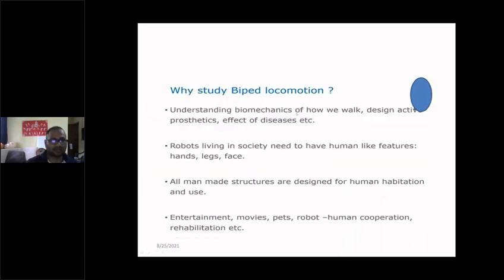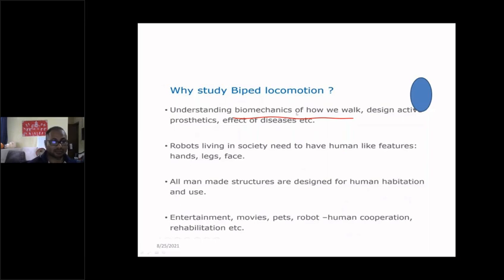The study of bipedal locomotion helps us understand the biomechanisms of how human beings walk. How we are walking, this study helps us understand the biomechanics involved. It also helps to design active prostheses, artificial limbs, and exoskeletons which you can wear from outside, and to study the effect of diseases like strokes and Parkinson's.